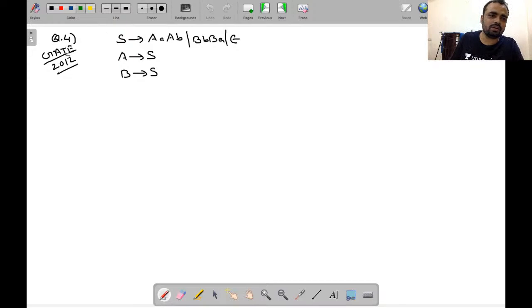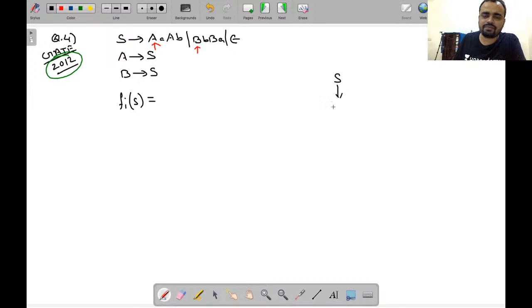This is the numerical of GATE 2020. So here we are trying to find out the first of S. The first of S is a and b. See over here, the first of A is a and b. So my dear friends, just try to analyze these things.